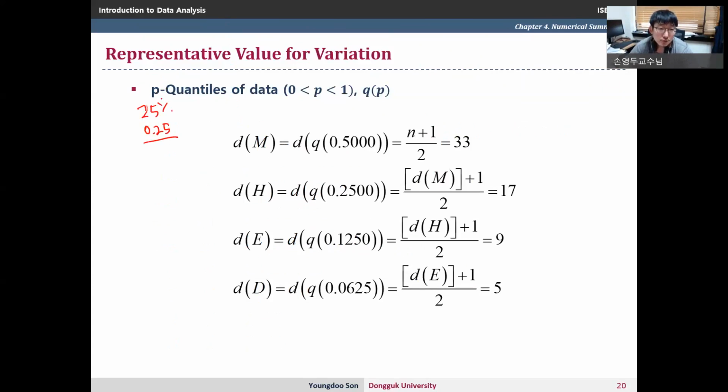In this manner, if we define the 50% quantile, we can easily think that this one is the median. And the 25% quantile is the quartiles and hinges. We have 2 hinges, HL and HU.